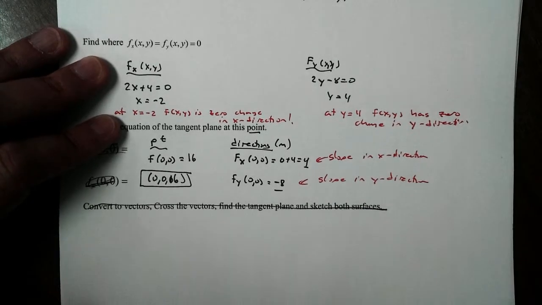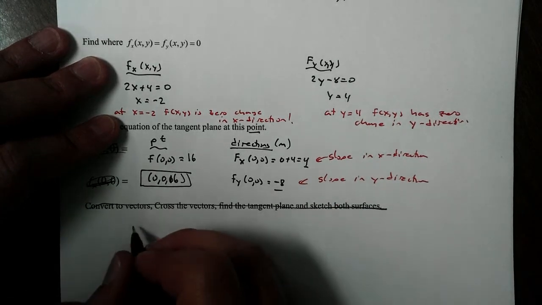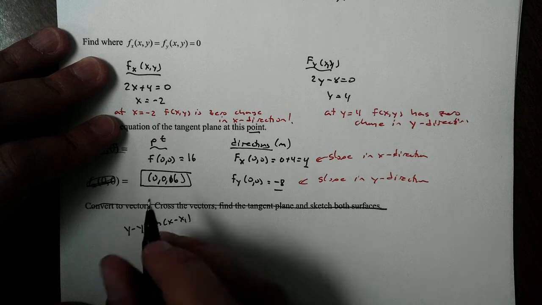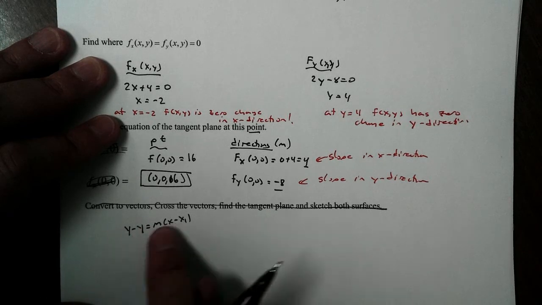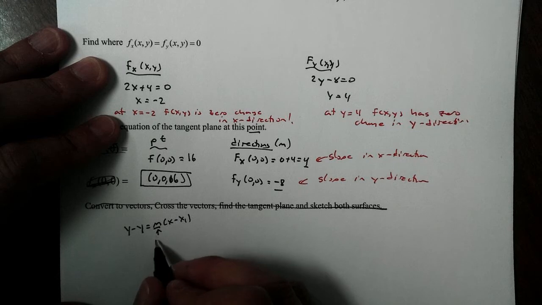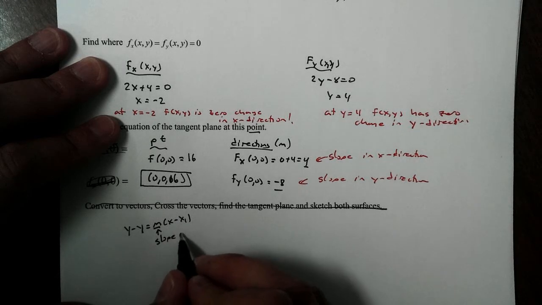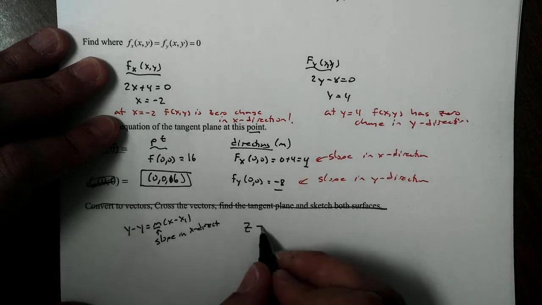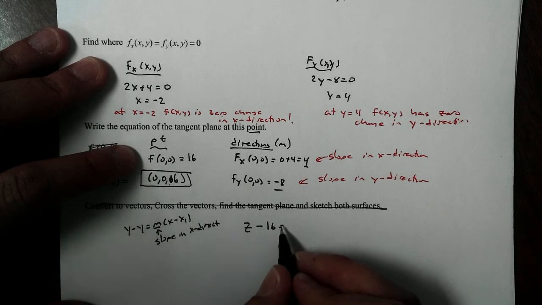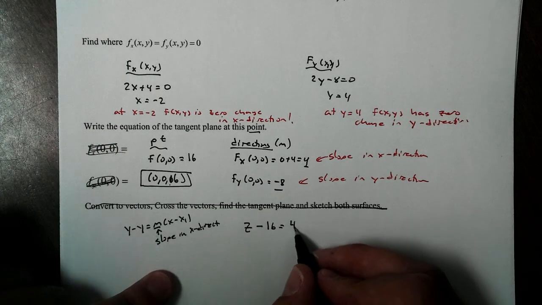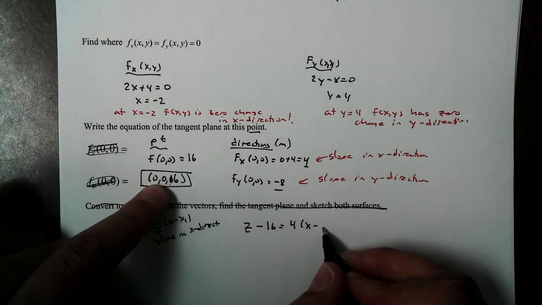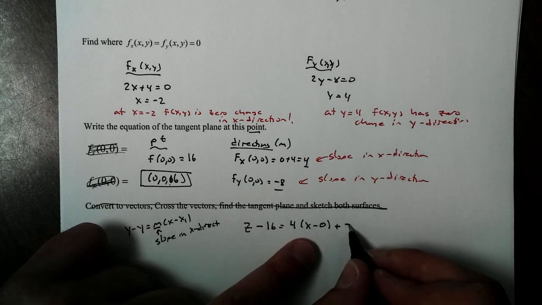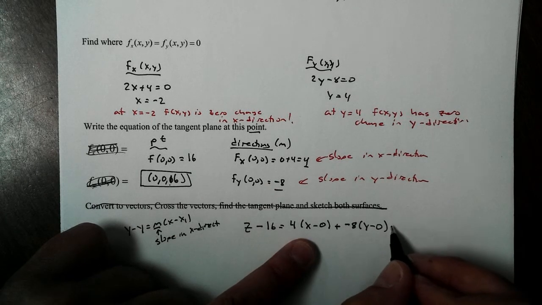So to get our equation, we're going to use something very similar to what we did last year: y minus y1 equals m times x minus x1. But we're going to extend that to multiple variables. So I could write this as z minus 16, my point, equals 4 times x minus 0, plus my slope in the y direction, negative 8, times y minus 0.